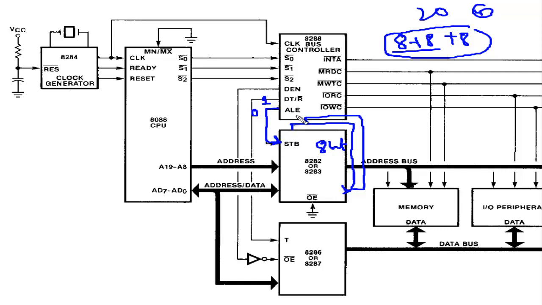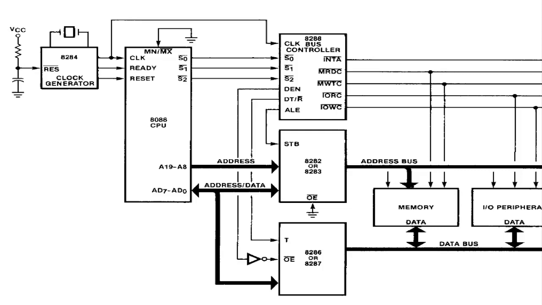So when ALE is 1, the latch becomes transparent. The address which is coming from here goes out. But when ALE is 0, it stores that address in it and converts the address bits into the data bits, so that we can transfer the data to and fro. So if ALE is 1, which is connected with the strobe of the 8282 latch, it becomes as if it is not there.